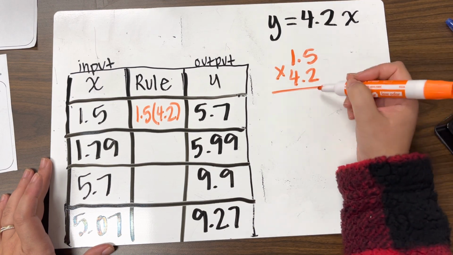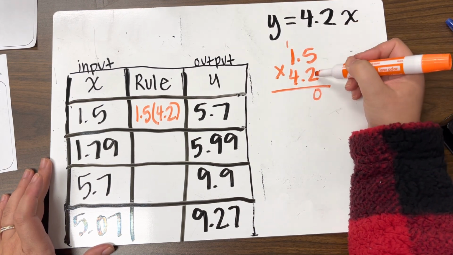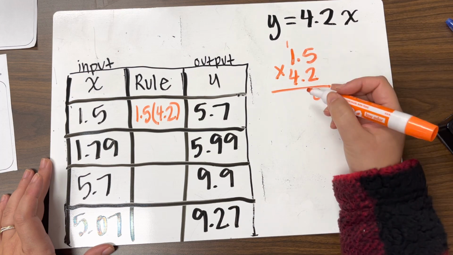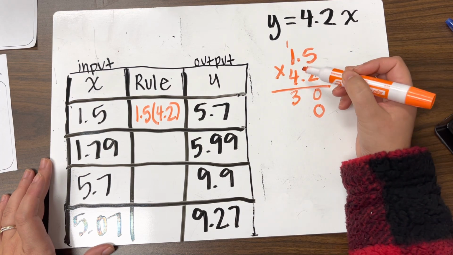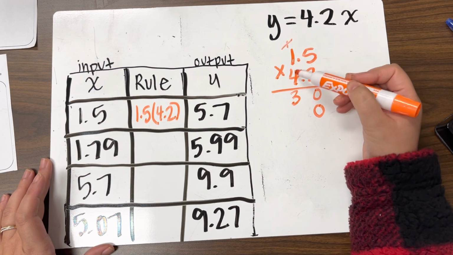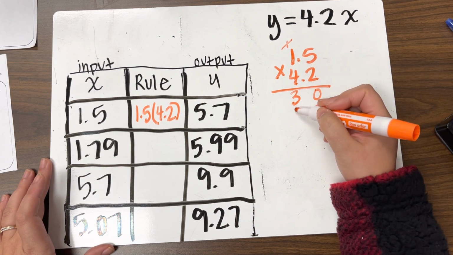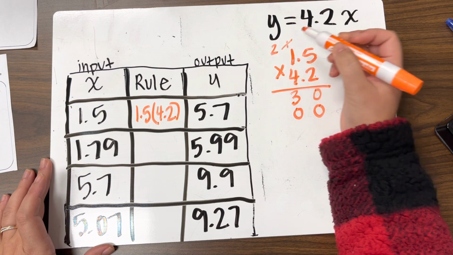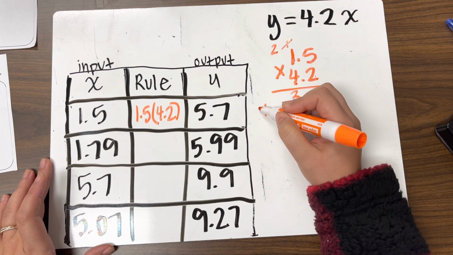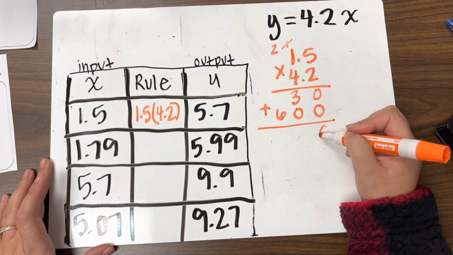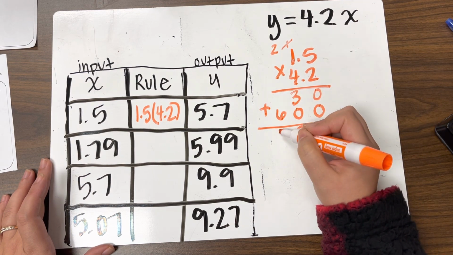2 times 5 is 10. Carry the 1. 2 times 1 is 2. Plus 1 is 3. Now, we got to drop our 0. Cross this out. 4 times 5 is 20. Carry the 2. 4 times 1 is 4. Plus 2 more is 6. And then we add. 0, 3, 6.